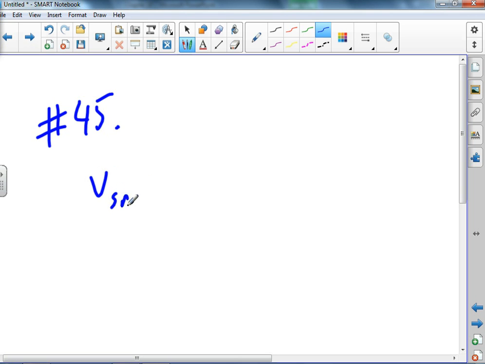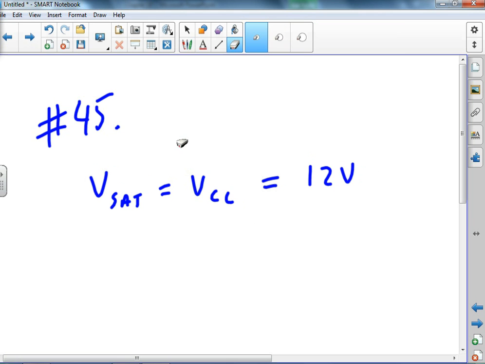Voltage at saturation is going to be VCC, which is 12 volts. And cutoff. Voltage at cutoff. All right. VCC, 12 volts.